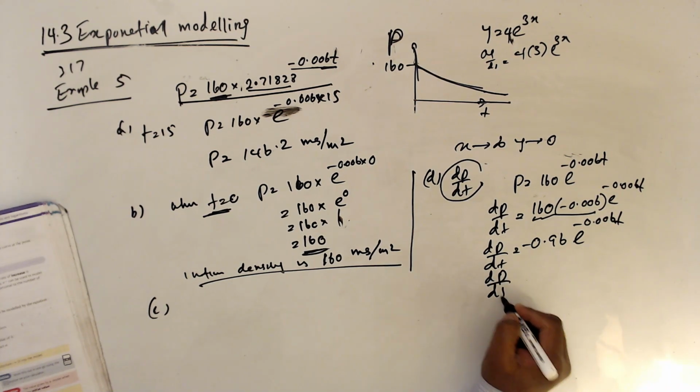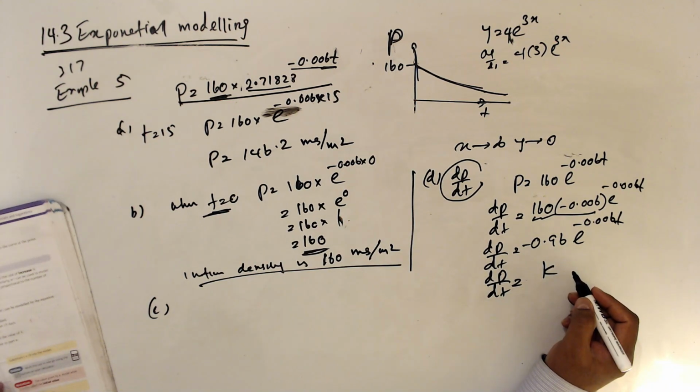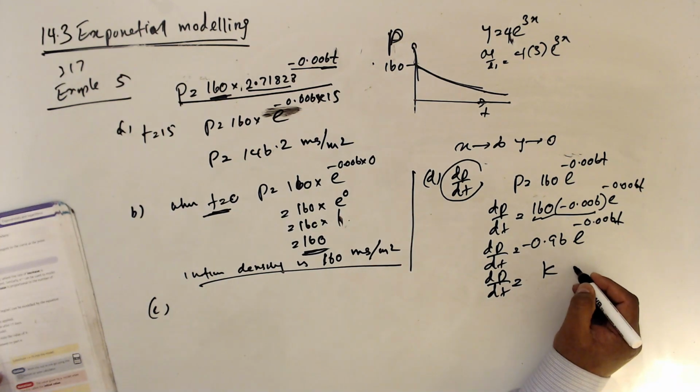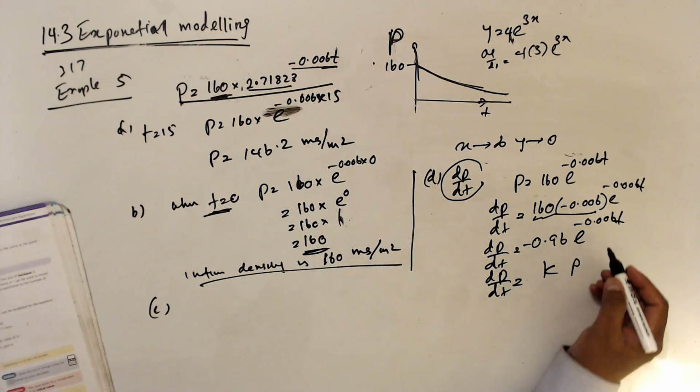So dP over dt equals, they are referring to k times P. It's a bit of a contradiction.